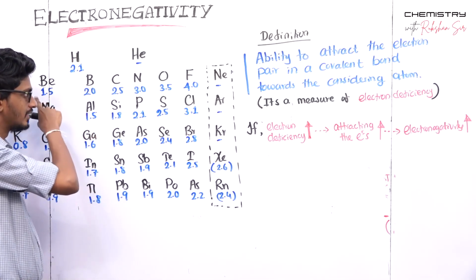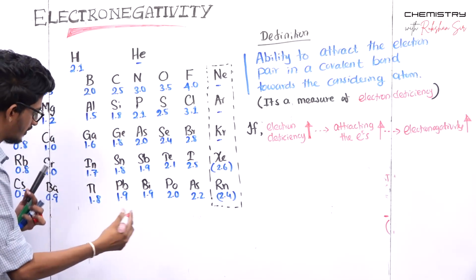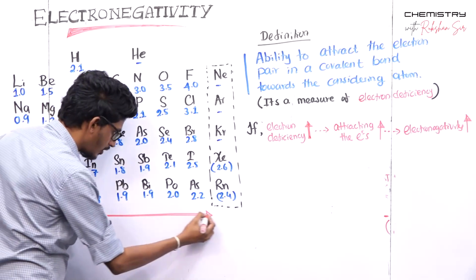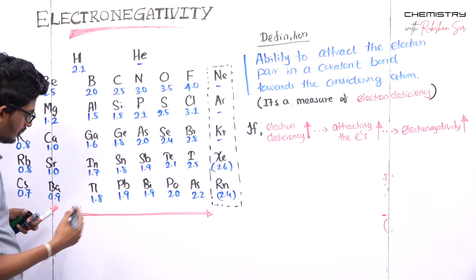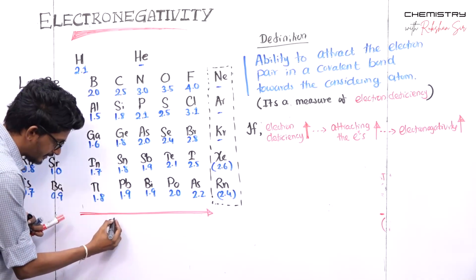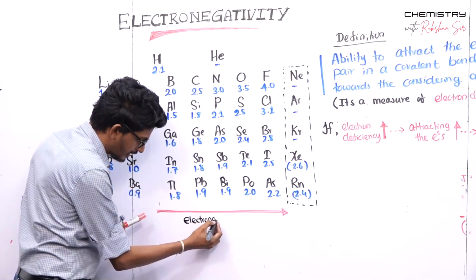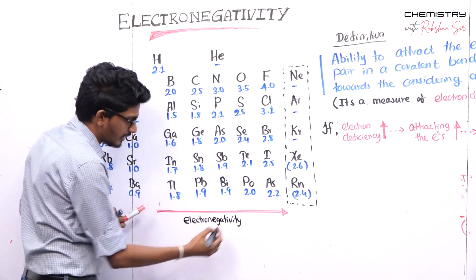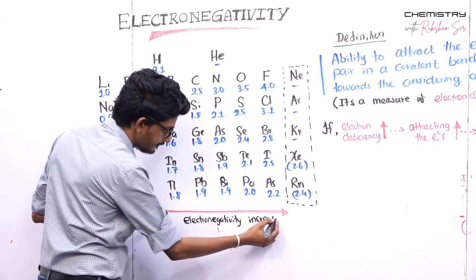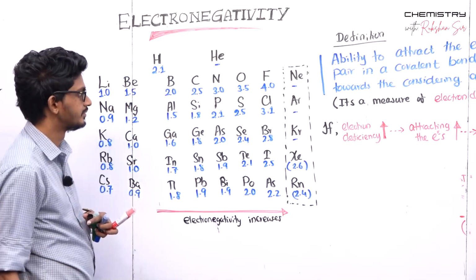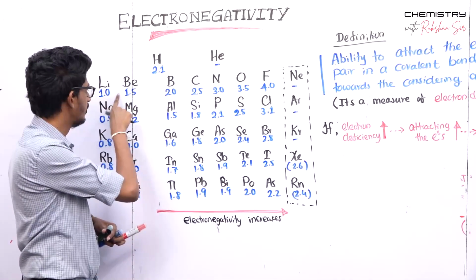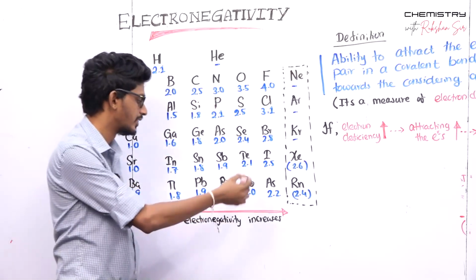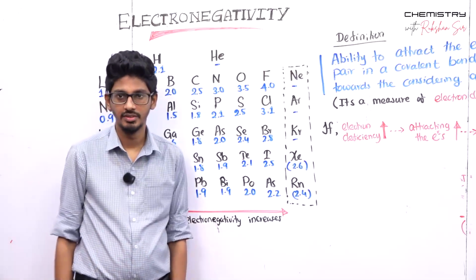The first trend is going towards the right of a period, the electronegativity increases. It really increases. See, 0.1, 1.0, 1.5, 2, like that. That is one trend, the period trend. Going towards the right of a period, the electronegativity increases.